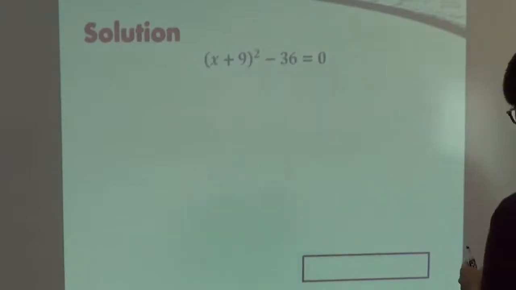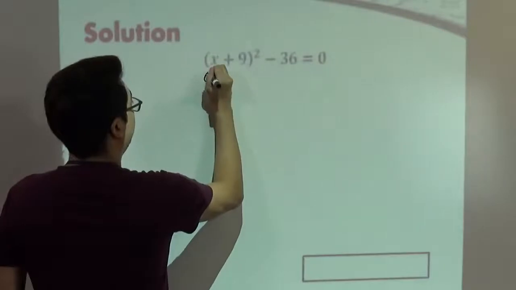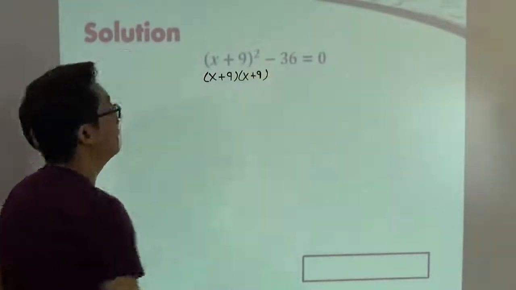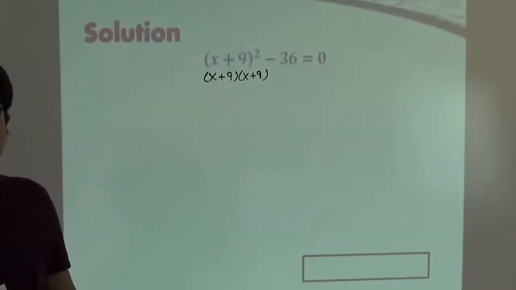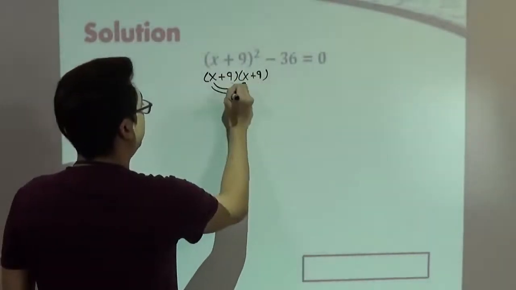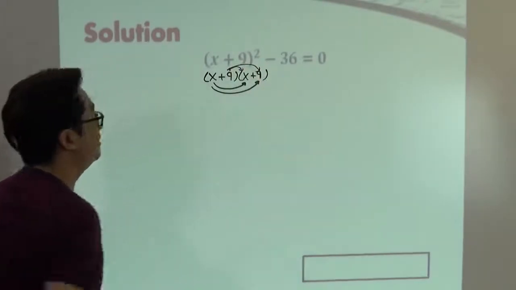When you see x plus 9 squared, you automatically think of this as x plus 9 times x plus 9. And when you see that, you should automatically think about FOIL. When we're foiling, we do first, outside, inside, and last.